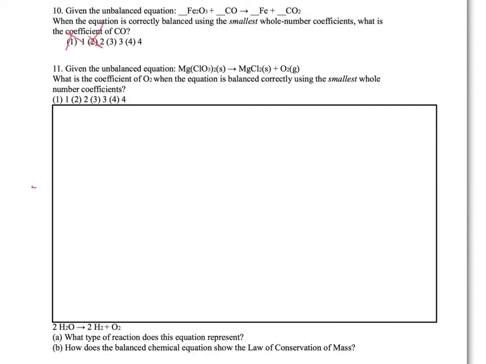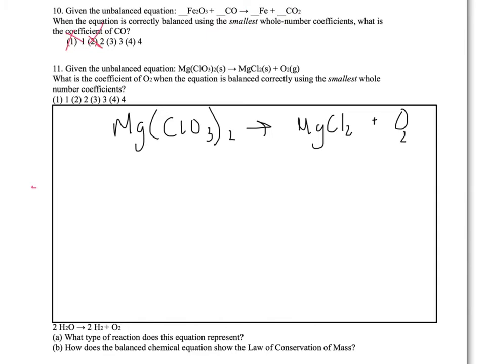Question 11 is similar to question 10 in that it's a balancing question. So the first thing you'll want to do is take an inventory of the atoms. We have magnesium, chlorine, and oxygen present on both sides. Initially, we have 1 magnesium. Now this chlorate ion is present in parentheses because it has a number distributed to it, this 2.